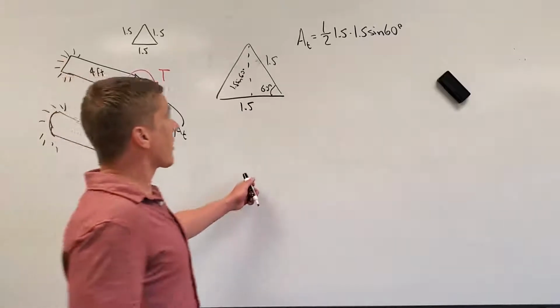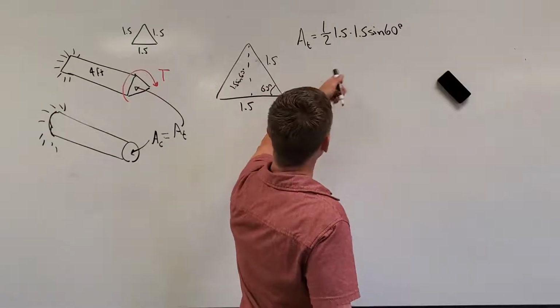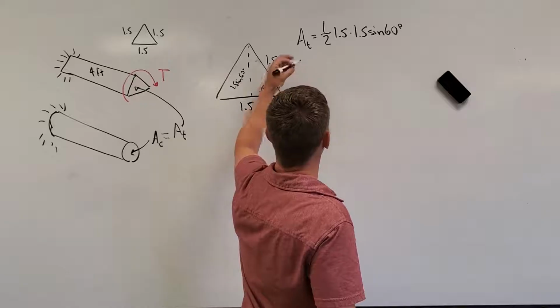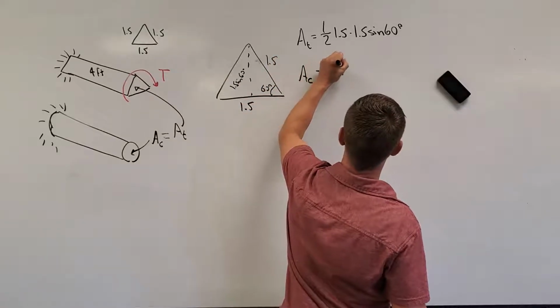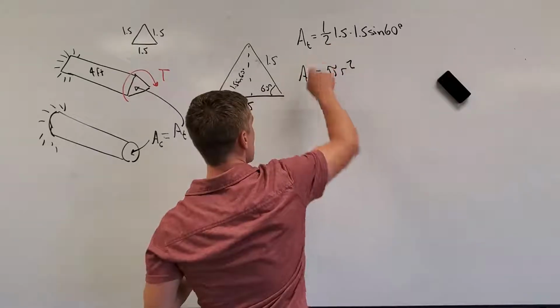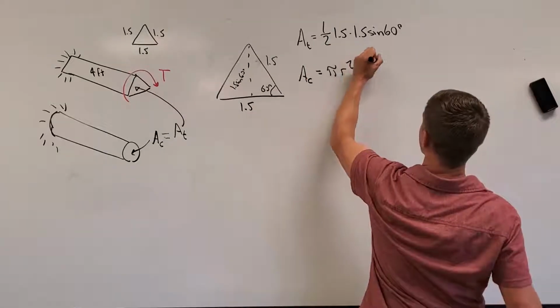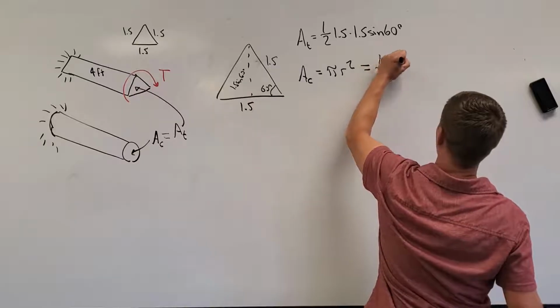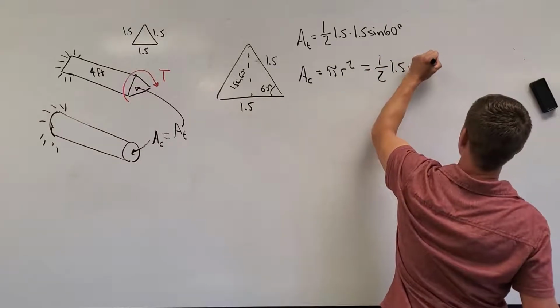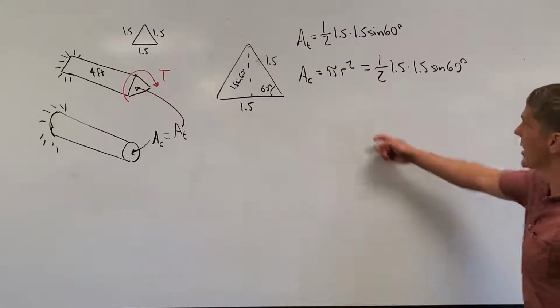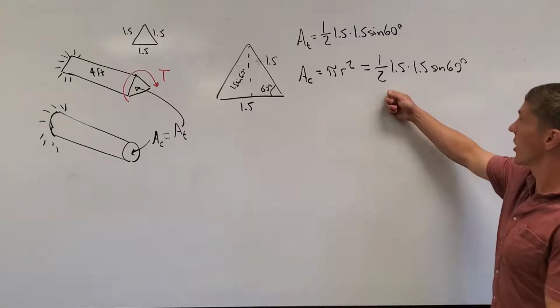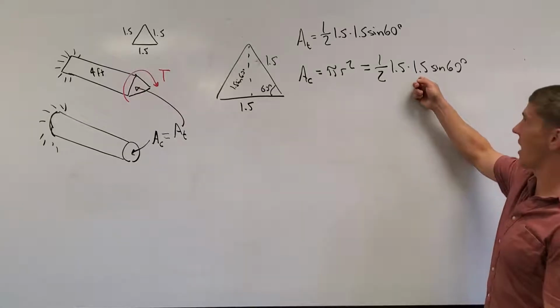And I said that the area of my triangle has to be equal to the area of my circle. So the area of my circle is going to be pi r squared, and that's going to be equal to that same area of my triangle. Now I have an equation in which pi r squared is equal to 1/2 times 1.5 times 1.5 times sine 60.